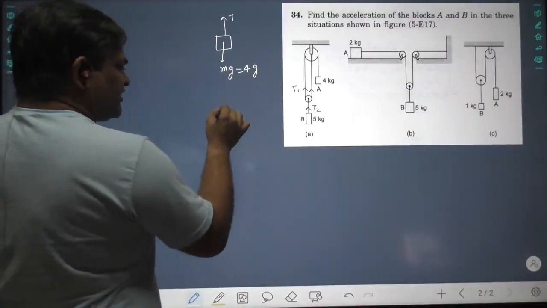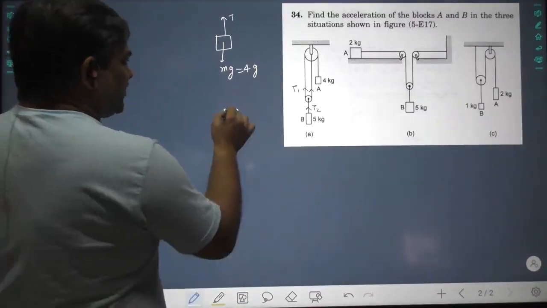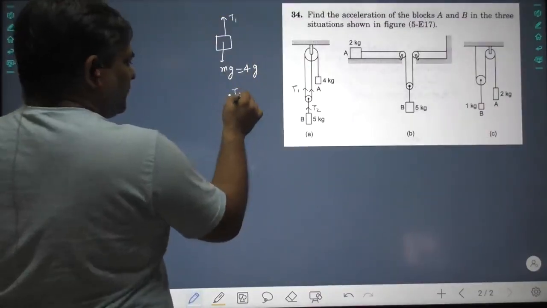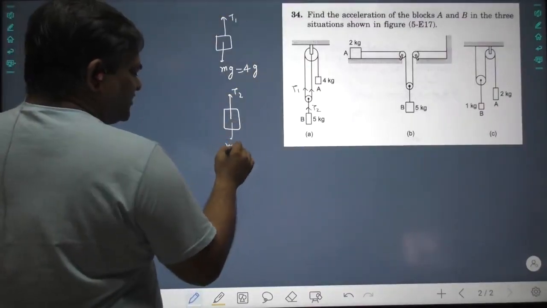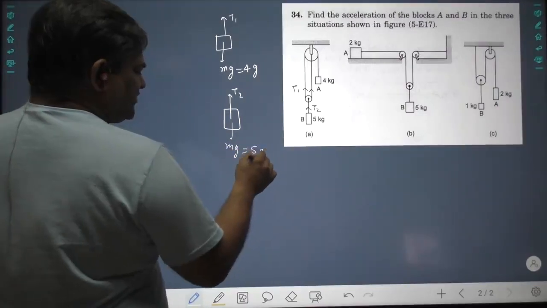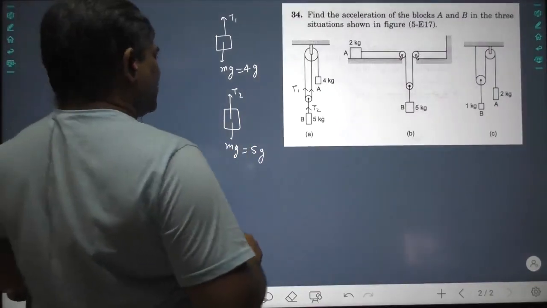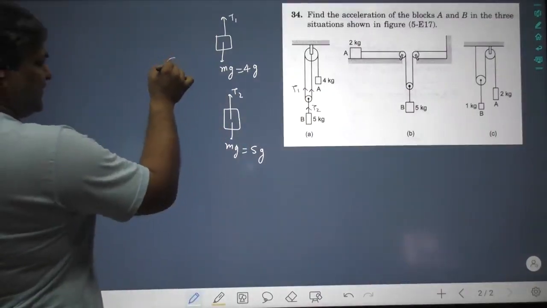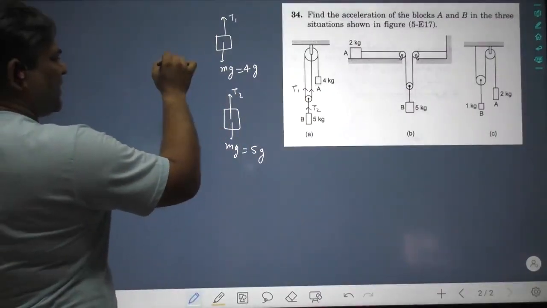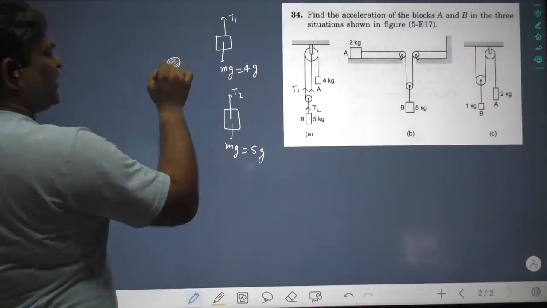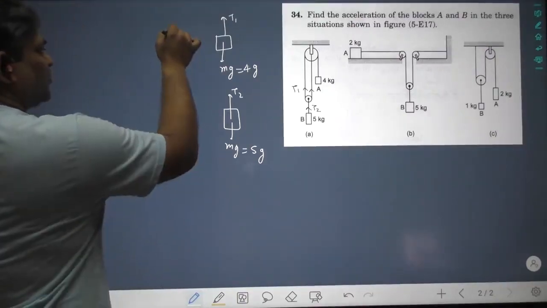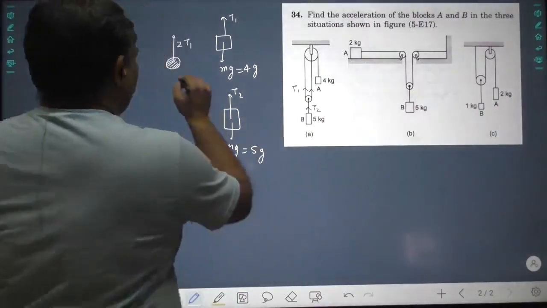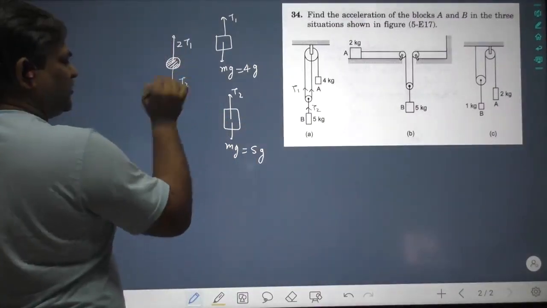For this 5 kg block, there are only two things: the tension T2 acting upward, and mg, that is 5g downwards. If you draw the free body diagram of this pulley, this pulley is massless. Anything that is massless should always be in equilibrium. So 2T1 is acting upward, because T1 acts on each side, and T2 is acting downwards.